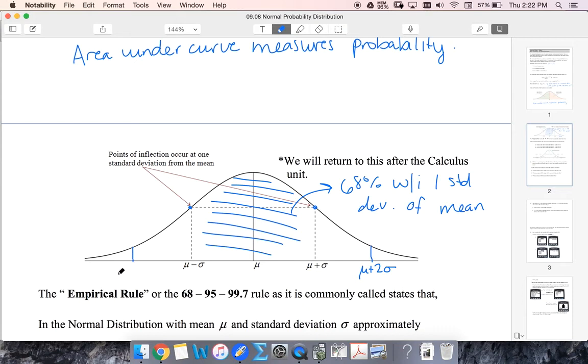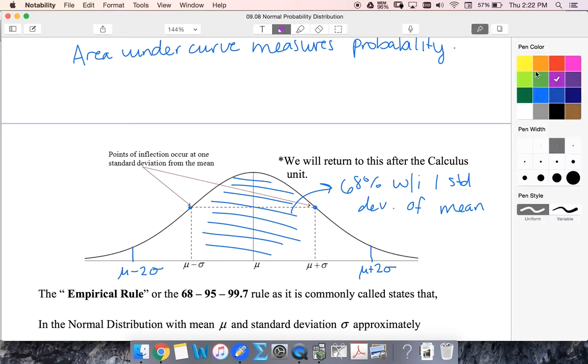Over to here, mean minus 2 standard deviations. So now this area, let's change colors. If we went all the way, this whole area is now 95%. And if we go 3 standard deviations over, we've got almost 100%.